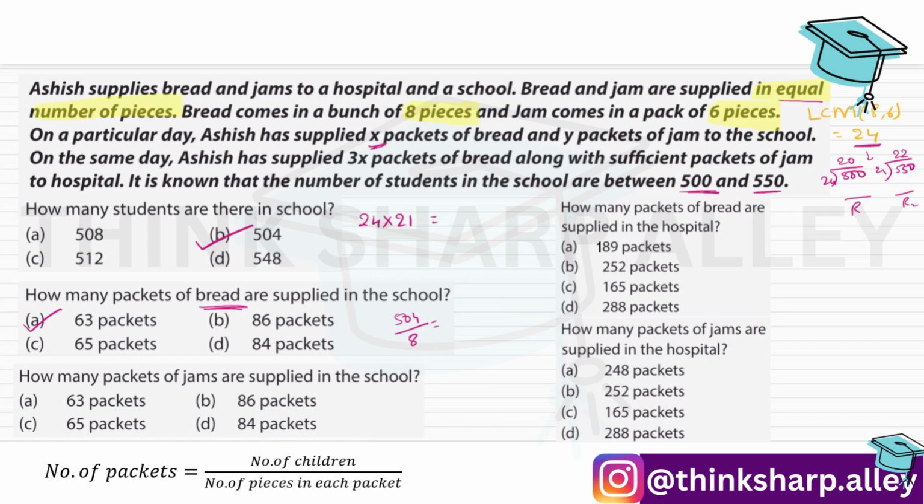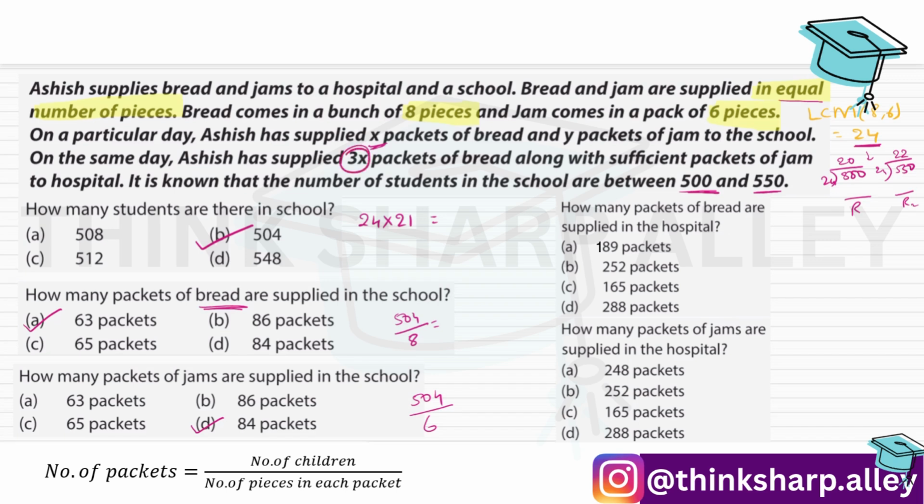Now, how many packets of jams are to be supplied? There are 504 candidates and one packet has 6 pieces. So number of packets is just divide by 6 and that gives you 84 packets.